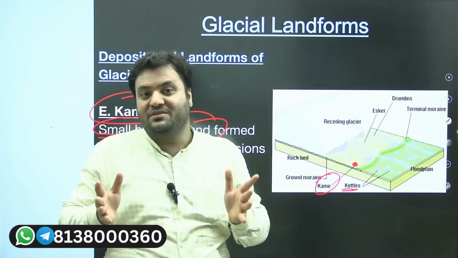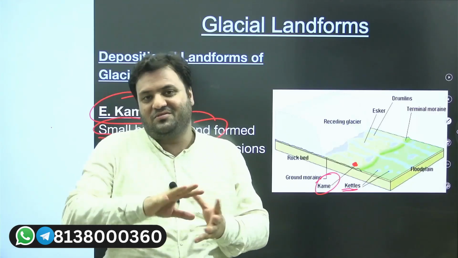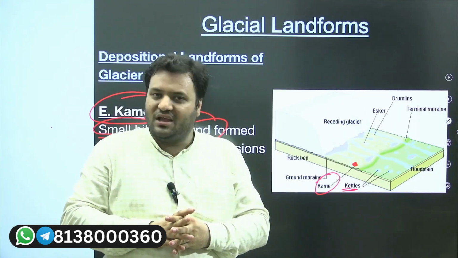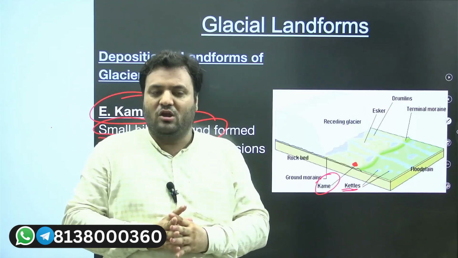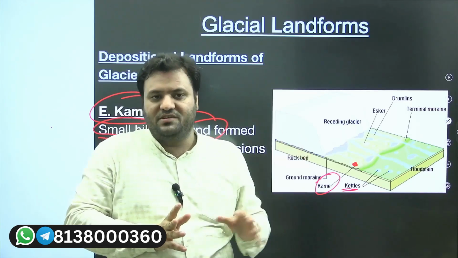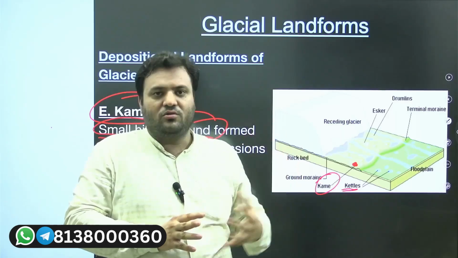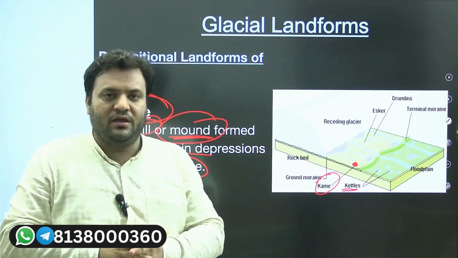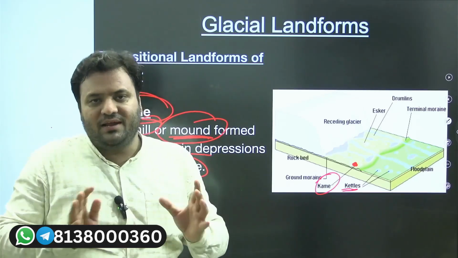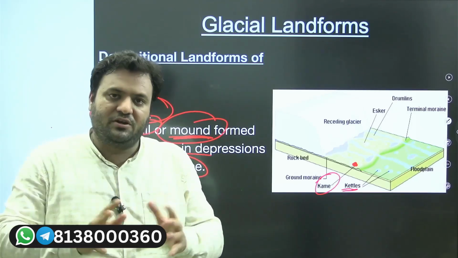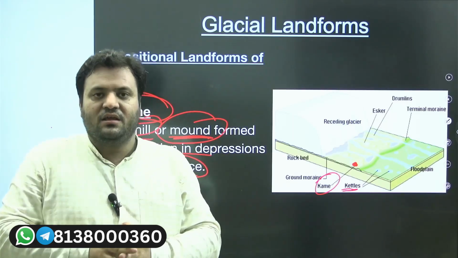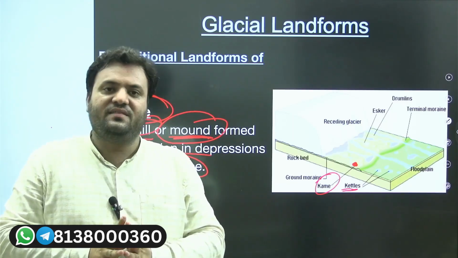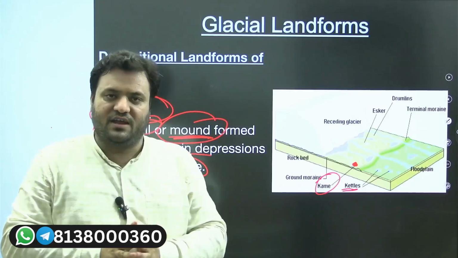However, the images I got are for optional purposes. So I hope you guys will not get confused with respect to the images and the content which we have covered in the class. Again I'm telling you, my reference for this session was the NCERT. The glacial landforms which are there in the NCERTs, I have taken a reference of that only.